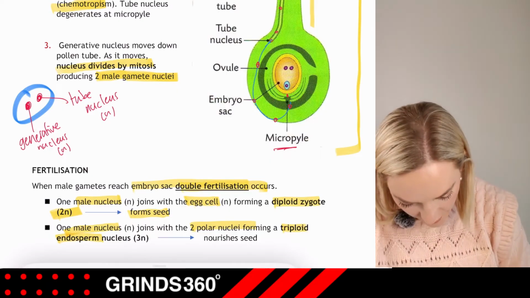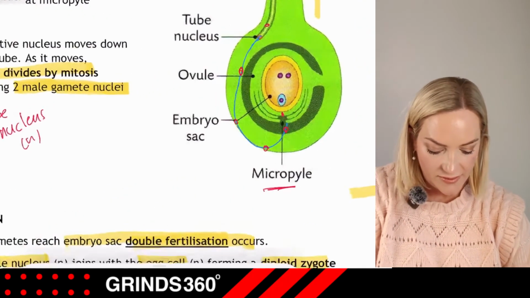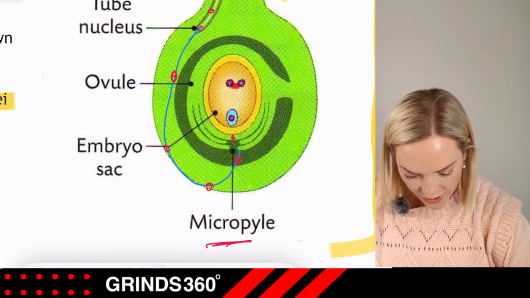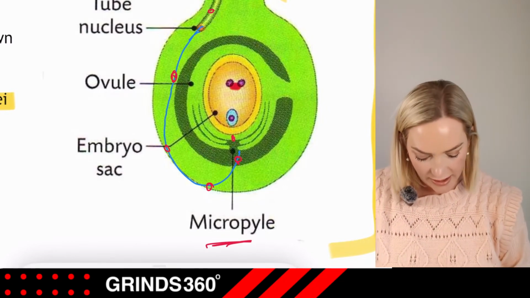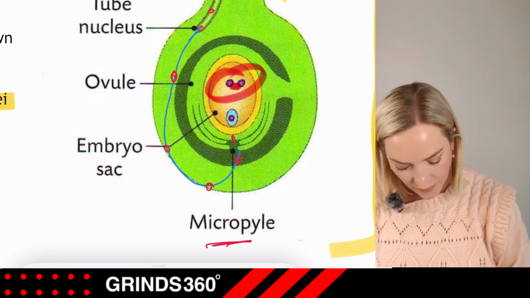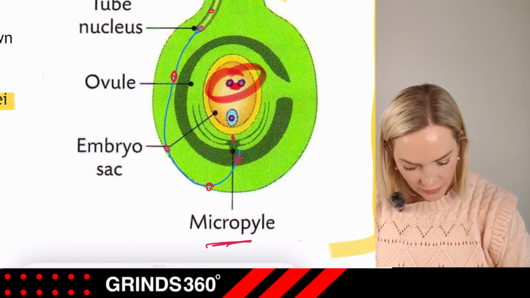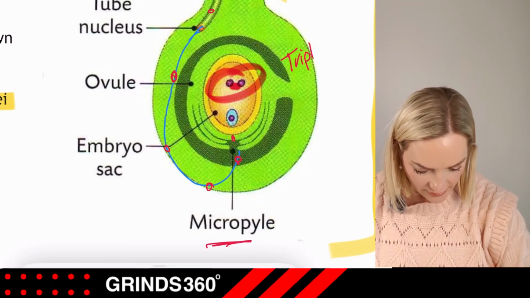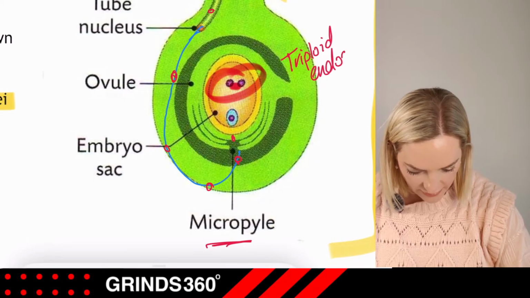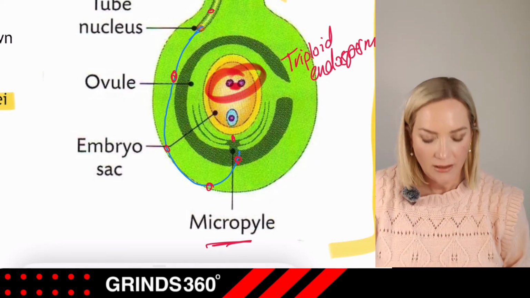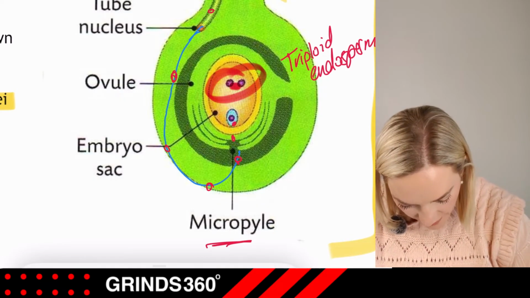So one of these male gametes will fuse here, if I zoom in, with our two polar nuclei. This will become your triploid endosperm. The other male gamete will fuse here with our egg.